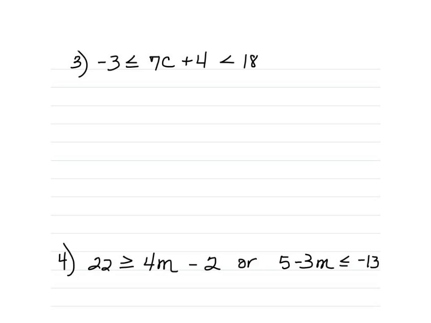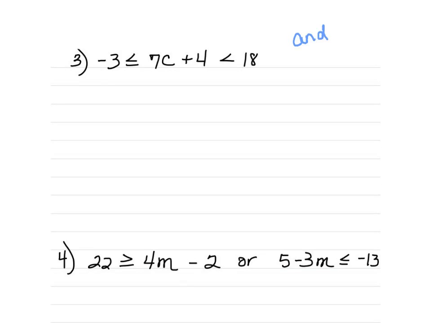All right, number 3, I want you to try on your own. Please notice, or actually no, I'm going to do this one with you because this is an and. I want you to recognize that when you don't have the word or and it's combined like this, it is definitely an and, which is an intersection.